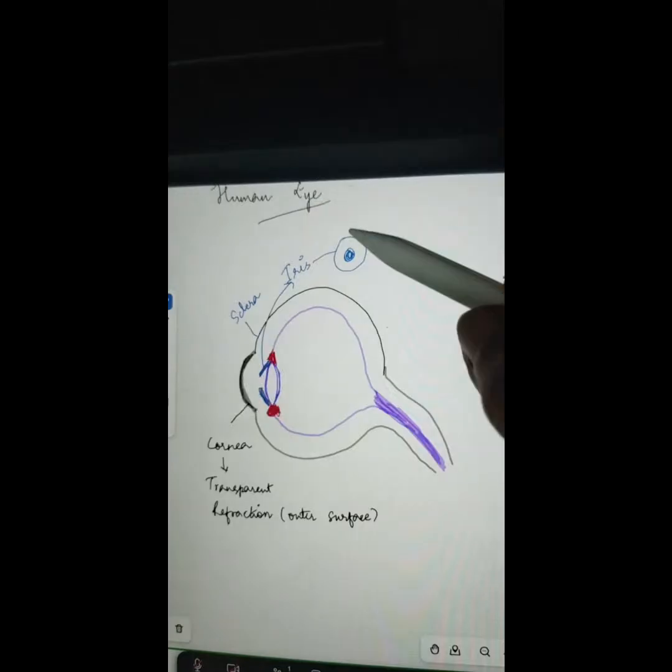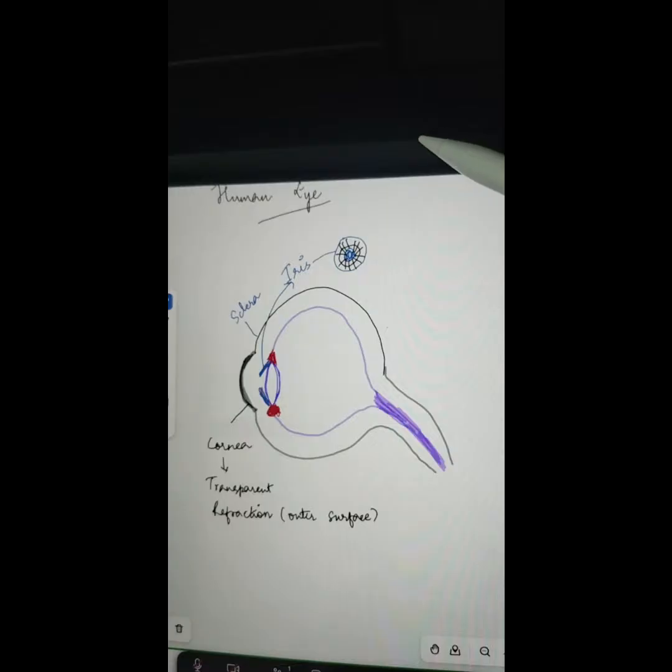In this iris, we have circular muscles as well as longitudinal muscles. Both these muscles do contraction and relaxation and they decrease and increase the size of the pupil depending upon the light.